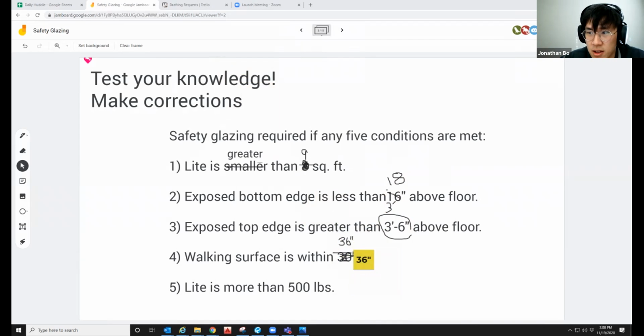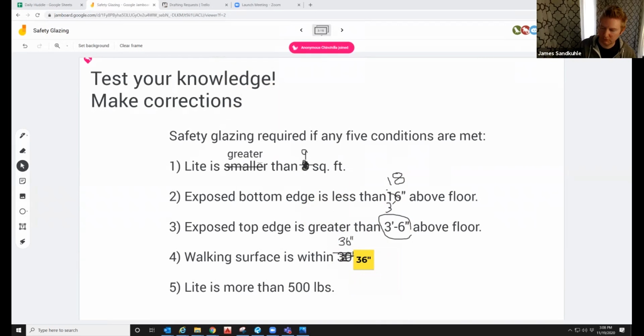That's weird. I'll give you guys a few more moments. I'll take a sip of water. All right, you guys feel like these are all the corrections?